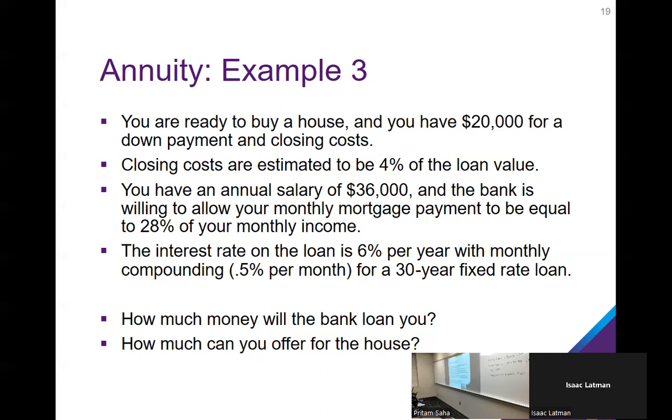Doing that out of pocket. Out of pocket, we have 20,000 in pocket, right? So that means the down payment should be 20,000 minus 5,604, right? Because we put aside 20,000 to pay for closing cost and down payment. And that should be 14,396.